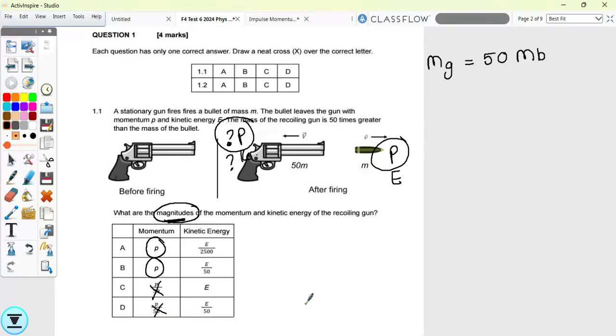And now for the next one, you just needed to think, okay, now what is it going to be? The kinetic energy before was zero. Can this ever be an elastic collision? No. So please be careful.